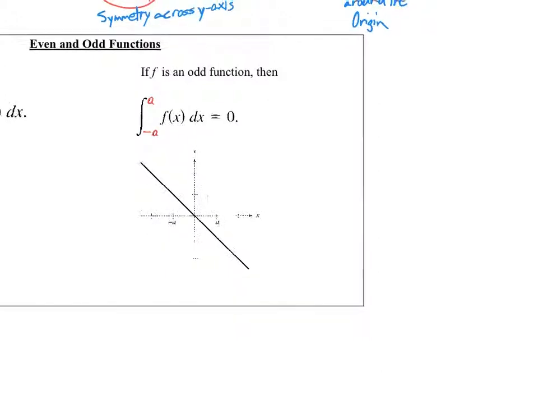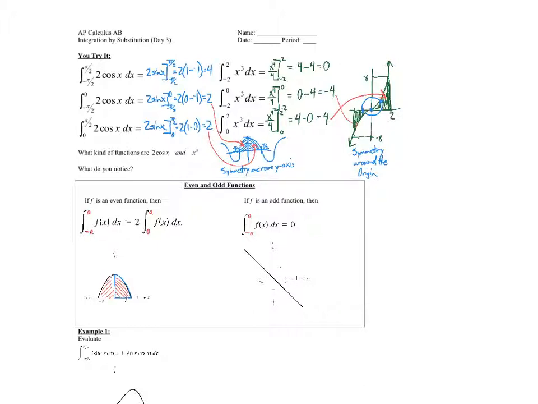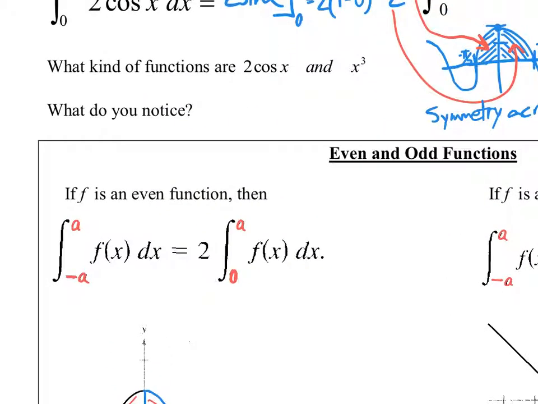Okay? How are we going to look at if they are even or odd? Well, that's where your understanding of functions from back in pre-calculus comes in, when we talked about even and odd functions. Remember, even functions are functions where if you plug in a negative x, it's going to be the same thing as the original function.